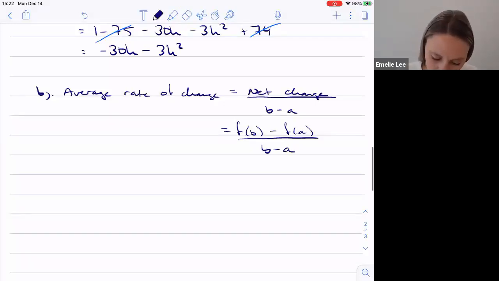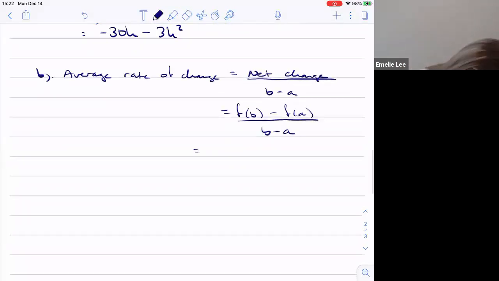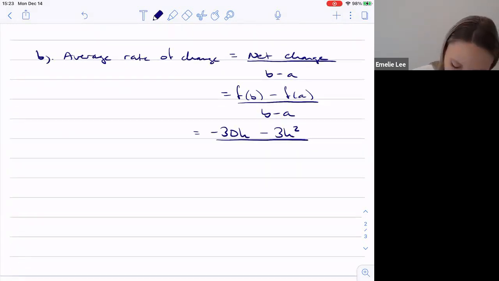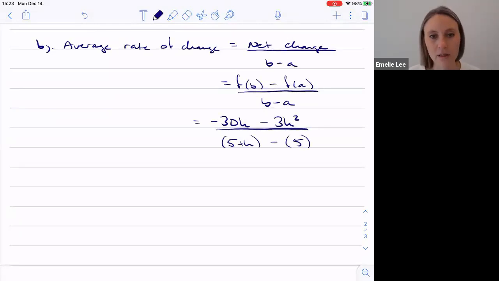Okay, so we already know that f of B minus f of A is negative 30h minus 3h squared. So I'm just going to take that and bring it in. So here, this becomes negative 30h minus 3h squared over B, which is 5 plus h, minus A, which is 5.